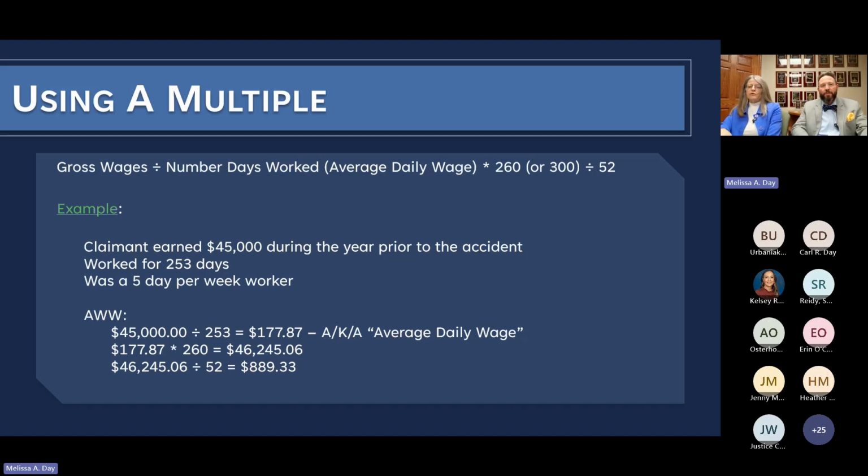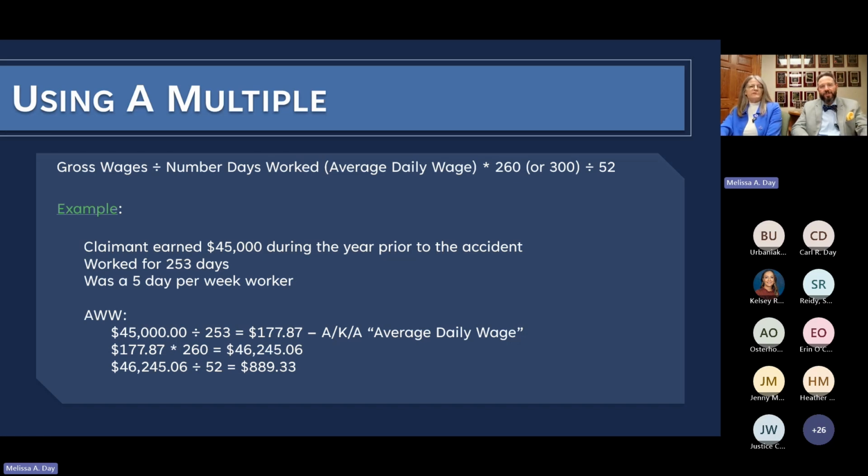So the formula is gross wages for the year prior to the injury, divided by the number of days that they worked. Then you'll multiply it by 260 if they're a 5-day per week worker, or 300 if they're a 6-day per week worker, and then you're going to divide by 52.